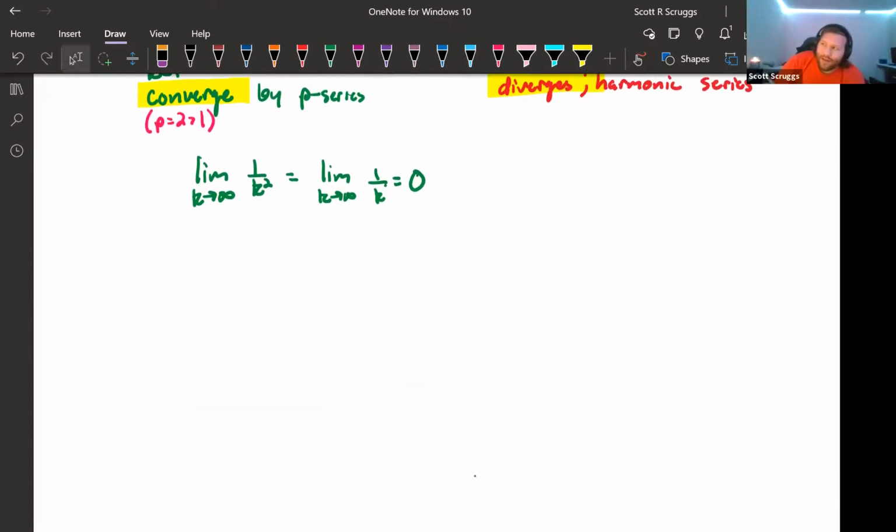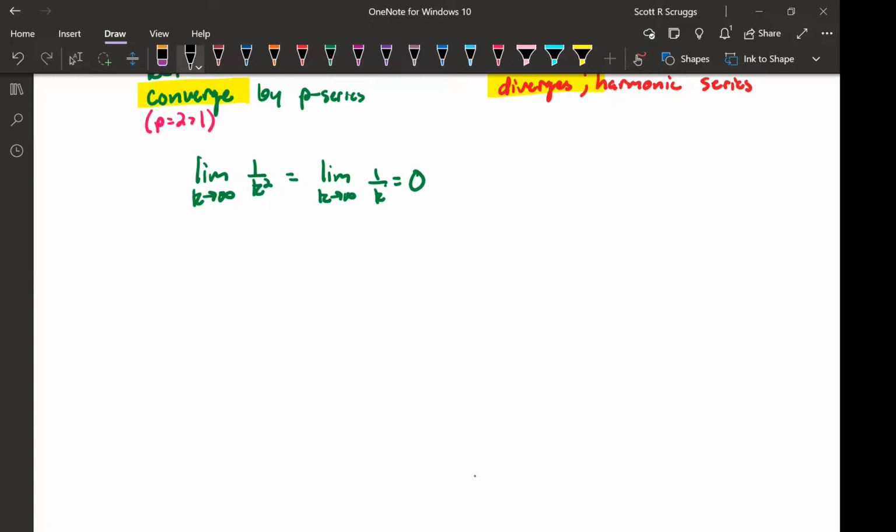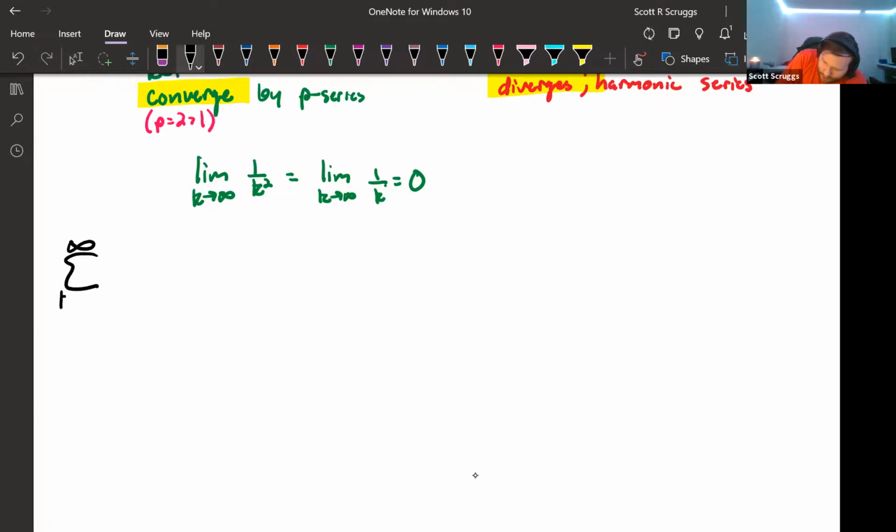So with that, let's do some examples of divergence tests to illustrate. I'm going to give out a few series, and y'all are going to work it out and check to see if divergence tests can be used here. So first guy, the sum from k equals 1 of (1 minus k cubed) over (4k cubed plus k).